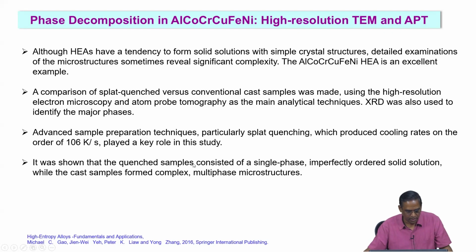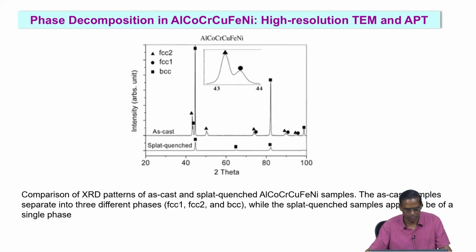It was shown that the quenched sample consisted of a single phase, imperfectly ordered solid solution, while the cast samples formed complex multi-phase microstructures. We will see what those are. So we look at this XRD pattern as usual. We are comparing the as-cast and splat quenched high entropy alloy samples.